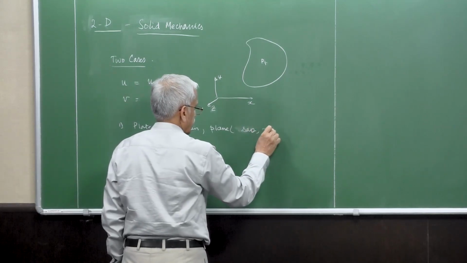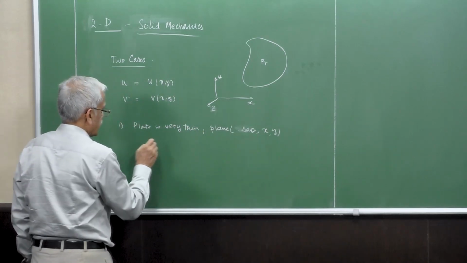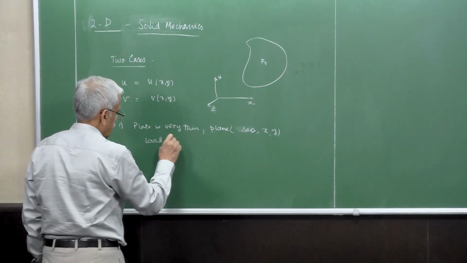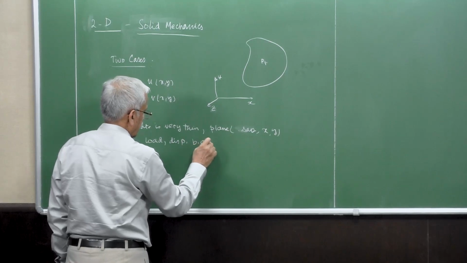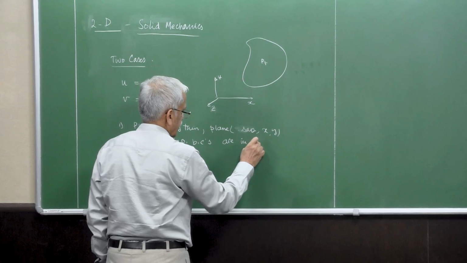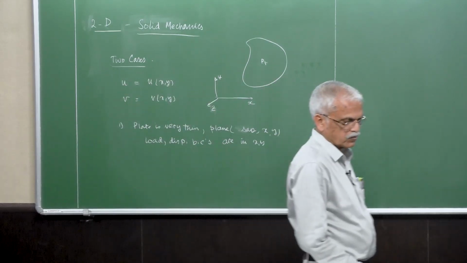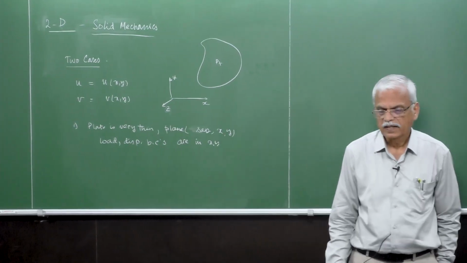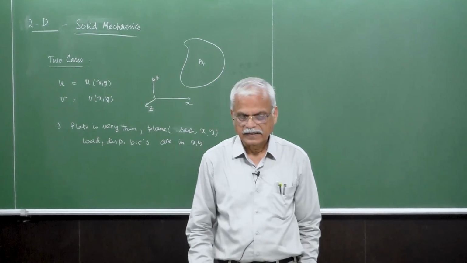So we deal with xy, and the plate is thin, and the load and displacement boundary conditions are in xy only. We are assuming that it's thin in the z direction, or there is not much variation in the z direction.